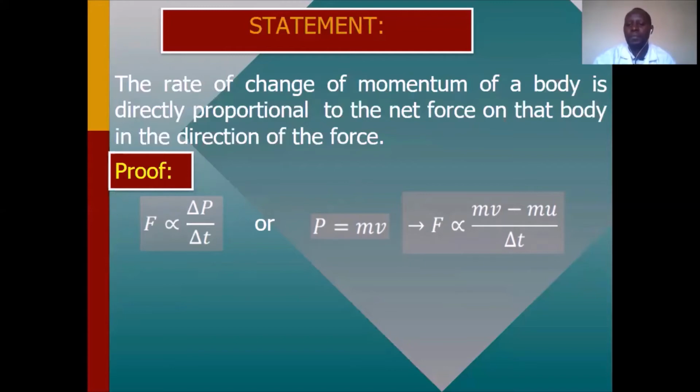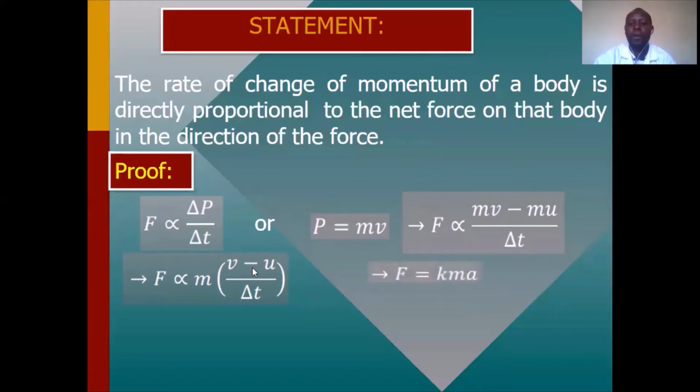Mass is a common factor, then the force is proportional to the mass times final velocity minus initial velocity divided by change of time. If you remember, the change of velocity over the change of time is the definition of acceleration.